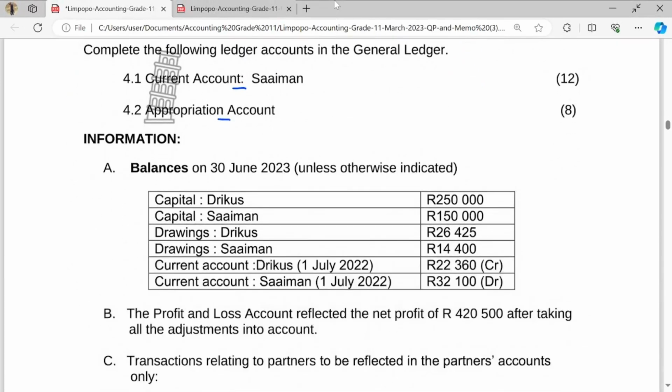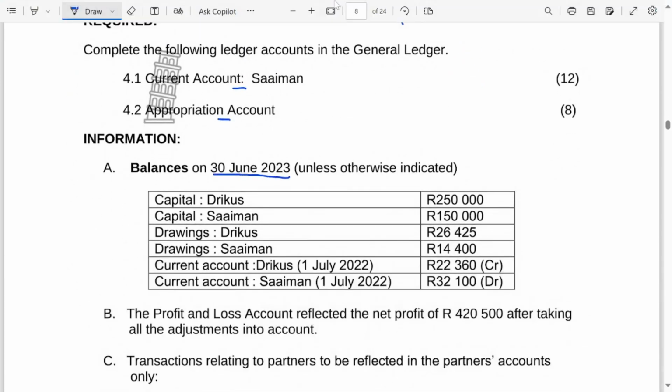Balances on 3rd June 2023 unless otherwise stated. So they're saying that all these balances are for 3rd June unless otherwise stated. So you can see that here for the current account of Dracos and the current account of Seaman, they told us that these are the balances at the beginning of the year on 1 July. So the one for Seaman is debited with 32,100.